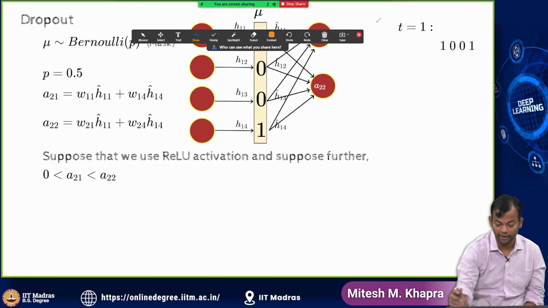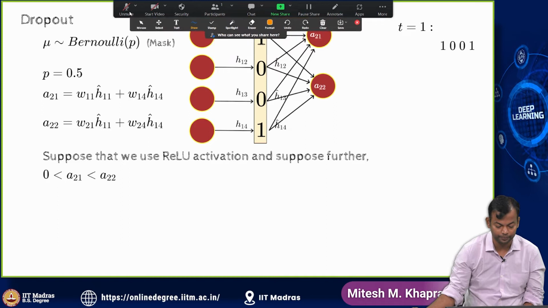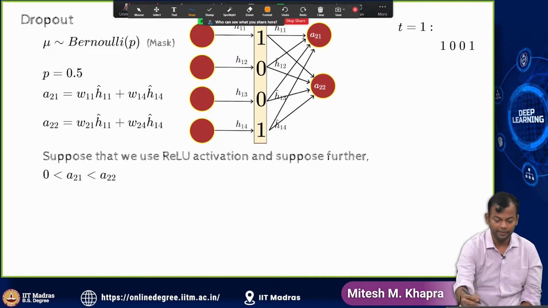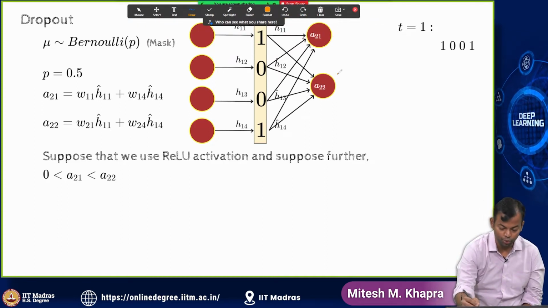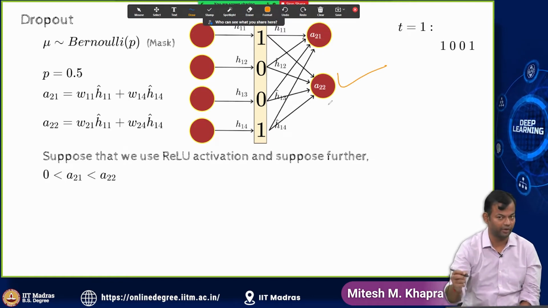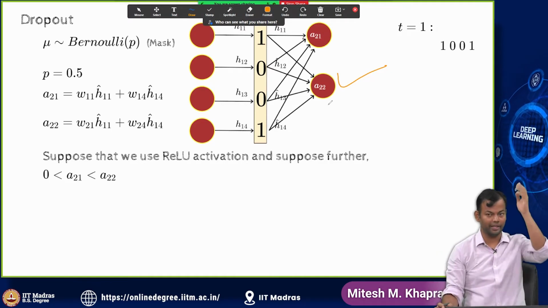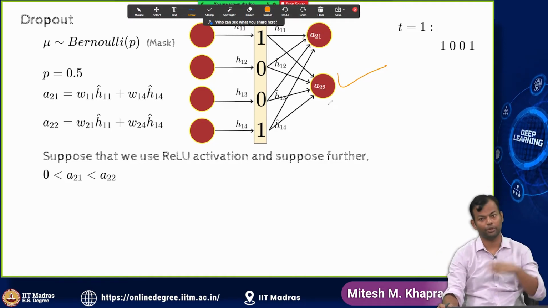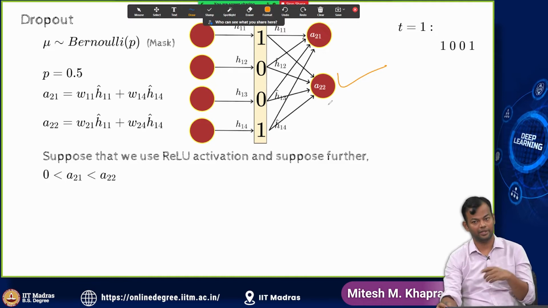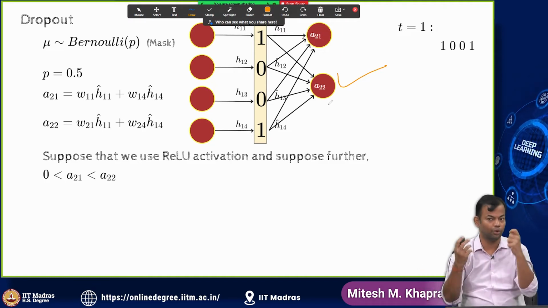If A21 is less than A22, it means that A22 is reacting more positively to this training sample, right? It's firing for this training sample even better because its output is high, right? Now if you relate it to our earlier discussions on MP neurons and so on, we had the situation that if the inputs are of a certain configuration, then this neuron fires, right?